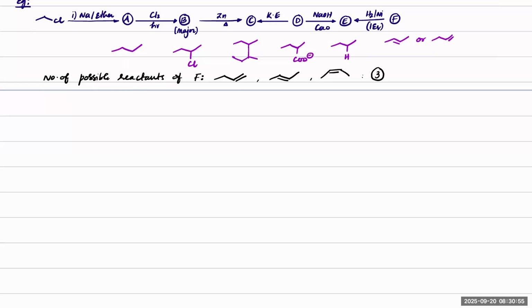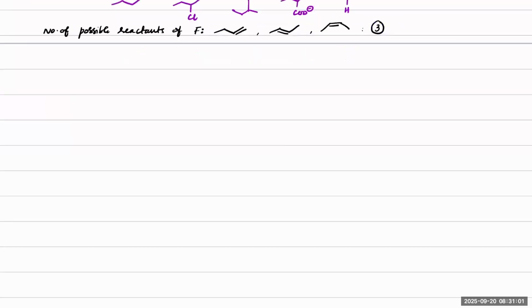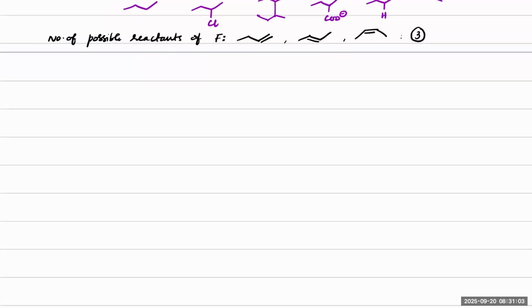Most of the time, alkenes are prepared by making some kind of carbocation. So first we need to learn the concept and then we'll come across alkenes. The concept is about rearrangement: carbocation stability and its rearrangement.